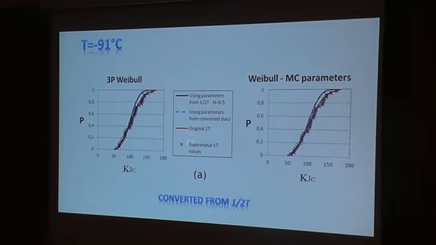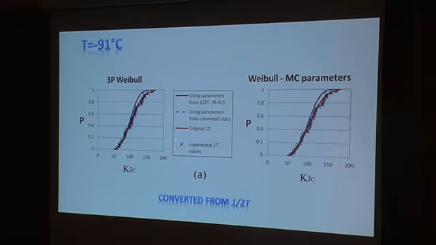We have here the original probability function obtained from the original 1T test in red for the three-parameter Weibull and also for the master curve.